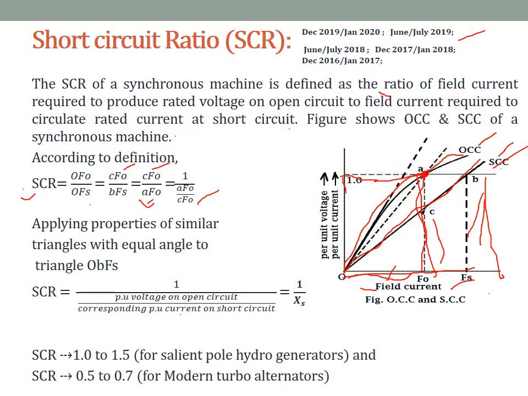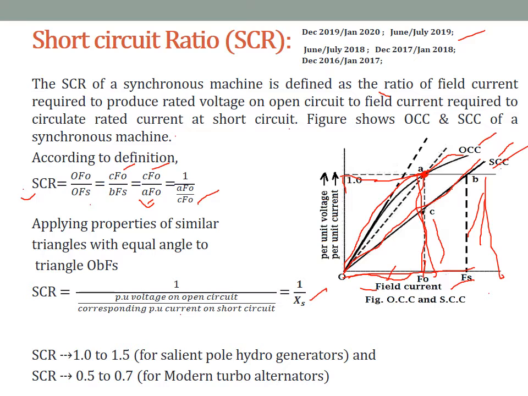When this is the field current OF naught, it will produce unit per unit voltage. For the same field current, how much short circuit current will there be? That is represented by CF naught. So SCR is per unit voltage on open circuit divided by the corresponding per unit current on short circuit. This is voltage by current, which is represented by synchronous reactance Xs.